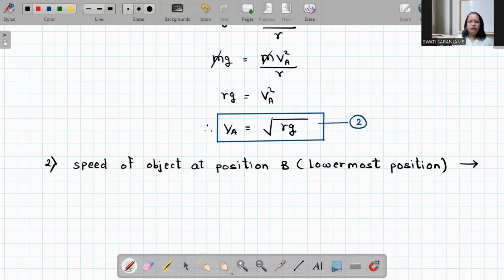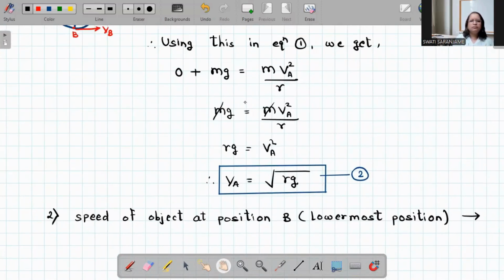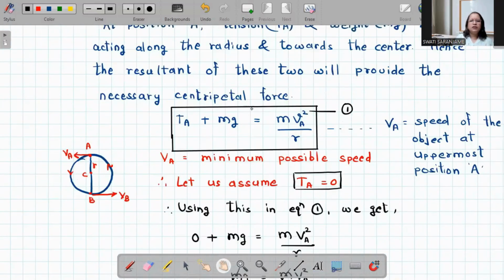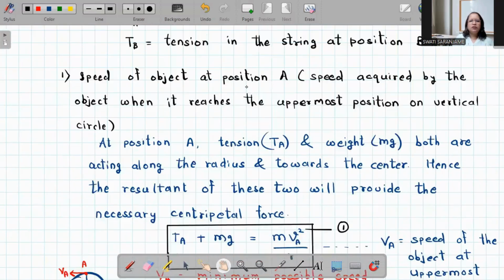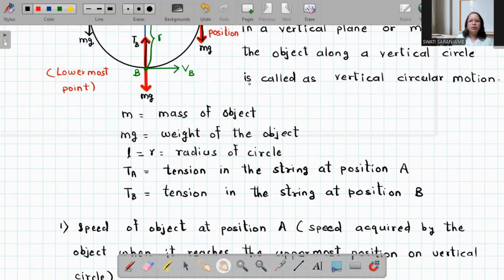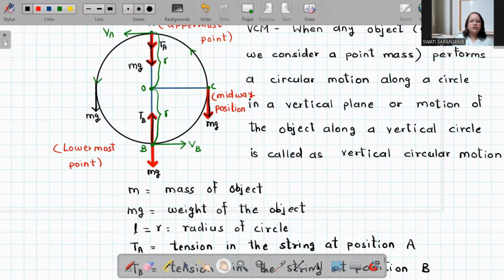Now for this, let's see the diagram again. That just helps us to recall how we have drawn that diagram. See this? Yes, here it is.